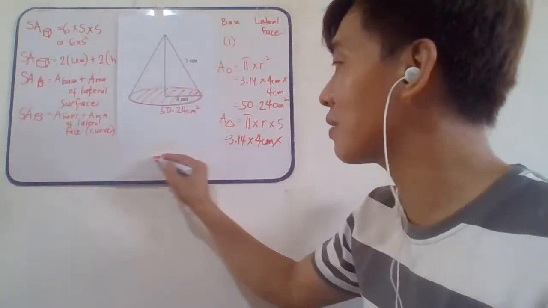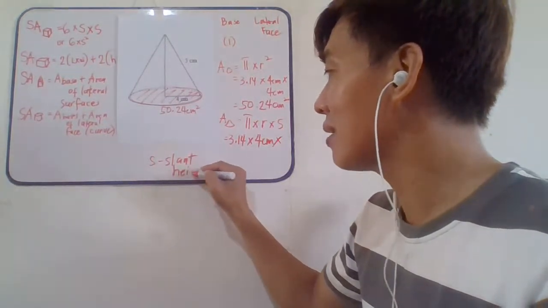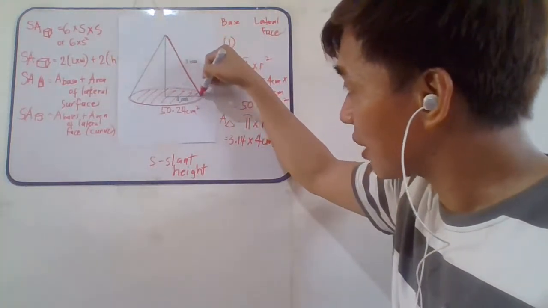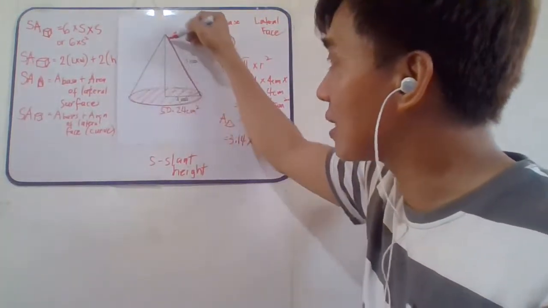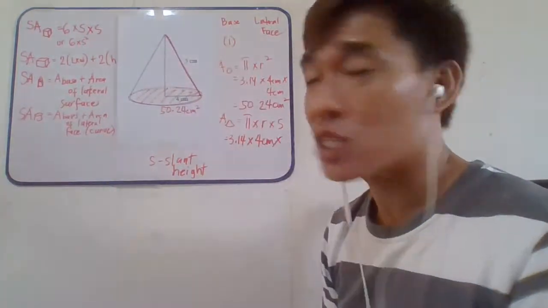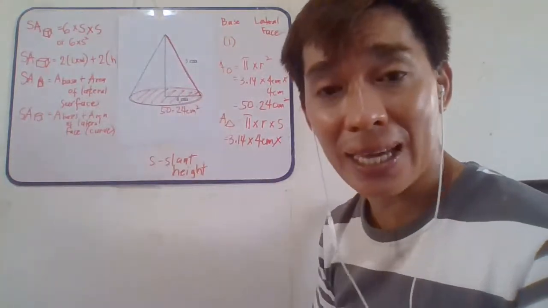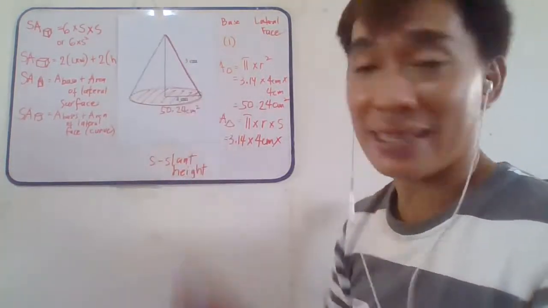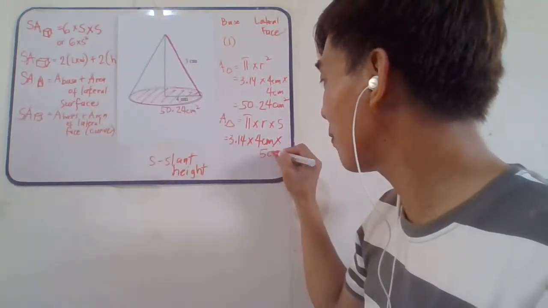S here stands for slant height. Here's the slant height. Do not be confused. This is the height of the cone. This is the slant height. So the height of the cone is different from the slant height. The slant height is what we call the slope. The slant height here is 5 centimeters.